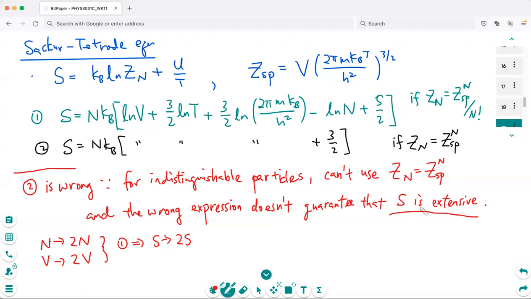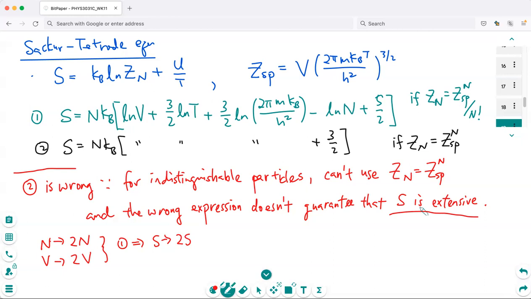And if you still recall your midterm, this is kind of similar to midterm question 2. Midterm question 2, I also told you about this. I gave you some form of equation. There's actually another presentation of this Sackur-Tetrode equation. And I didn't do this with statistical mechanics.